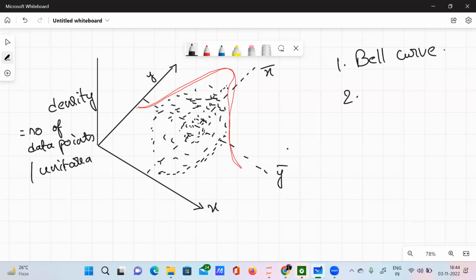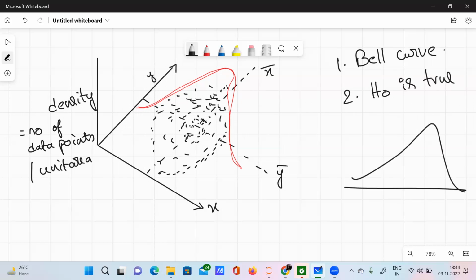That means H naught is true, that is, the null hypothesis is true, and our sample has been drawn from our population. This is the three-dimensional format.